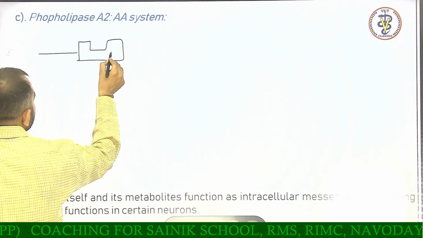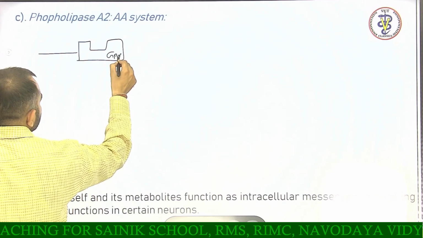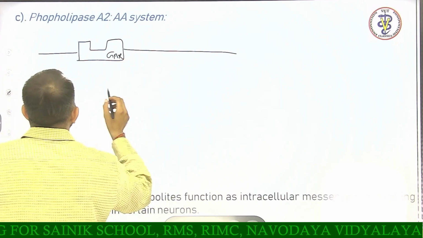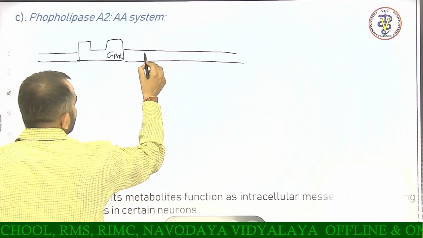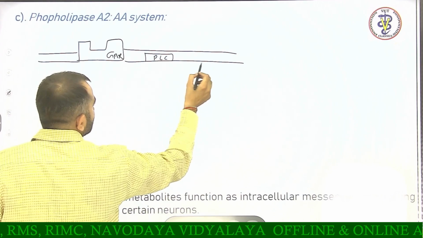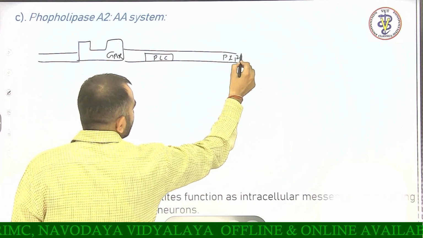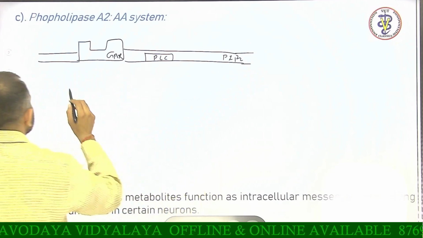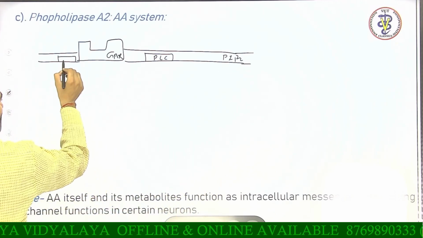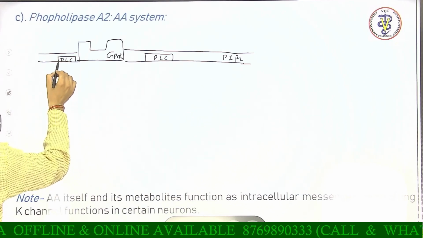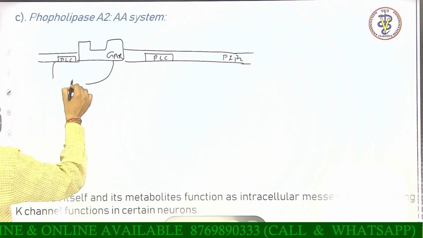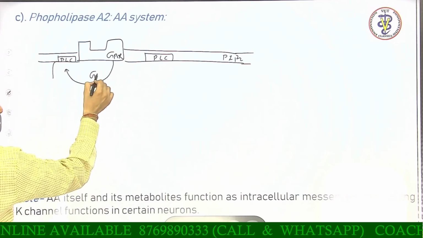Again this is the GPCR, and here your PLC is present and PIP2. So one more surface protein, PLC, is also present on another side, which can be activated via G protein.